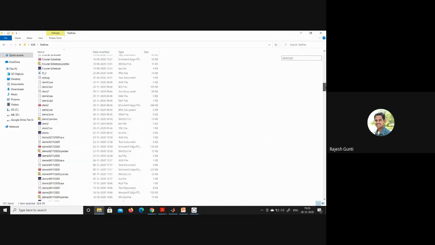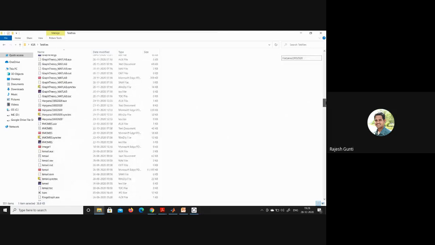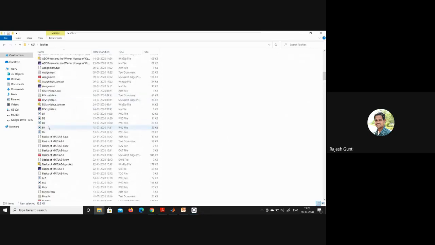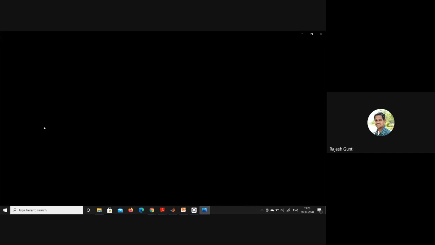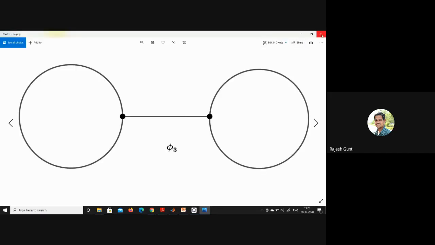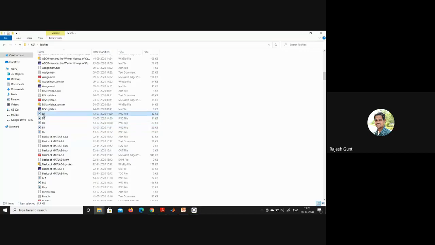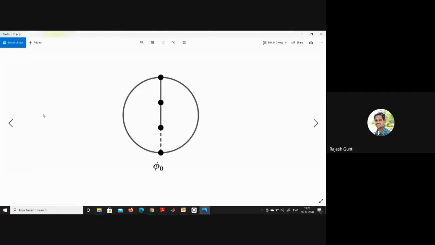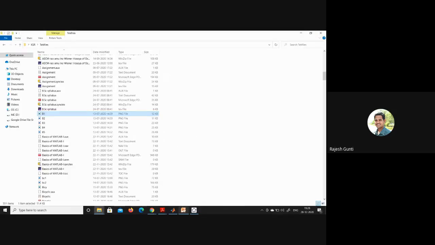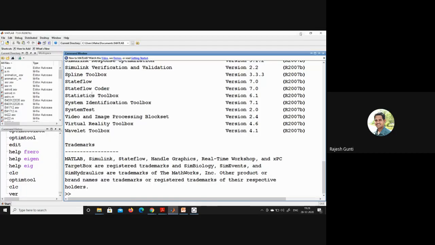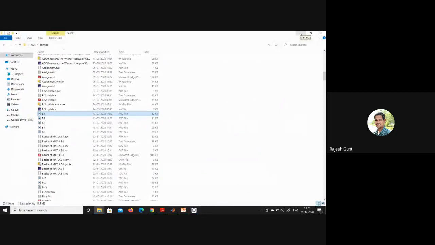Some diagrams like these, you can easily draw using this type of software. But if you want to get some information about the graph with the aid of MATLAB, we have to create an object that is a graph.